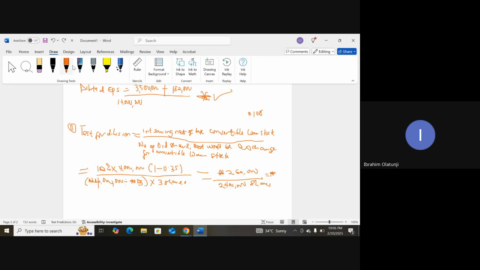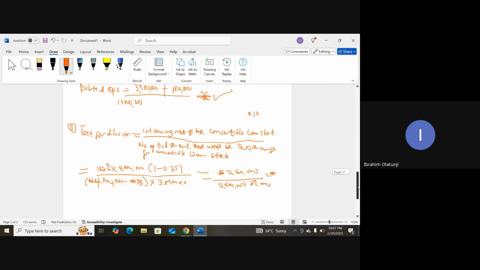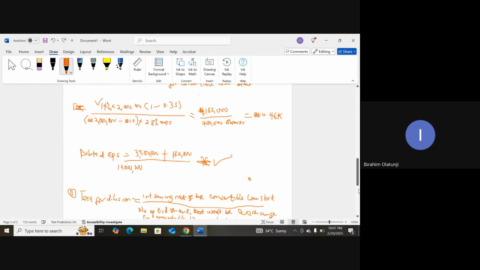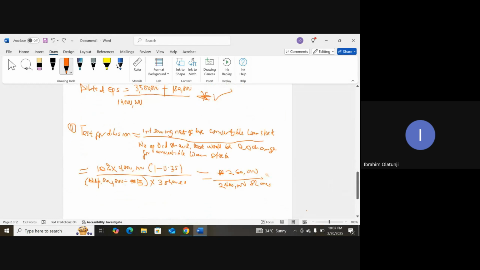So when you approximate it, that should be 11 kobo.